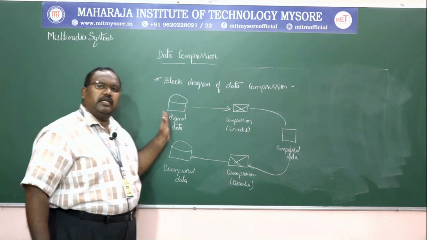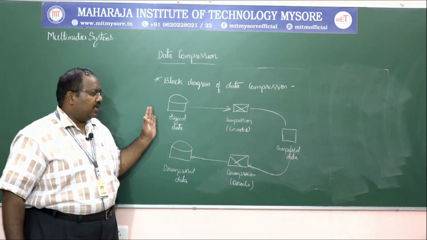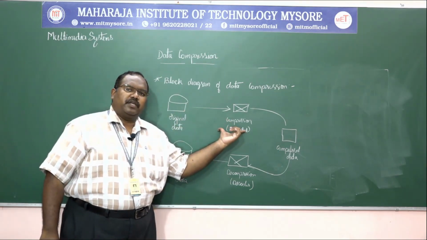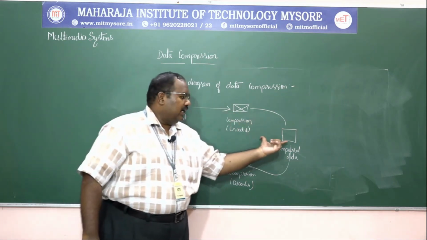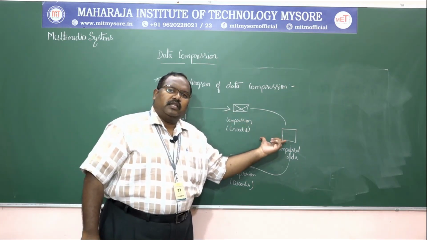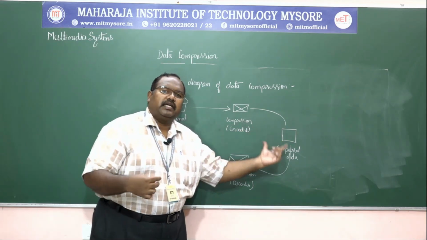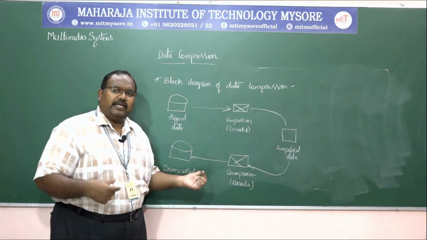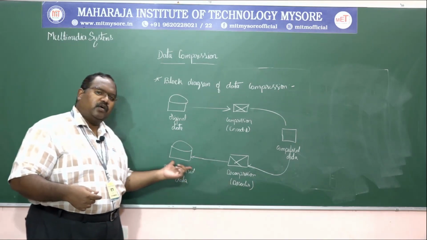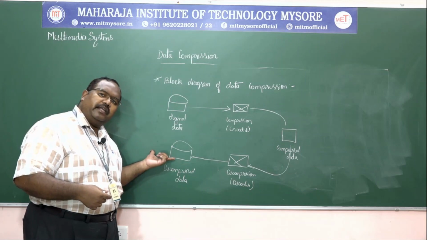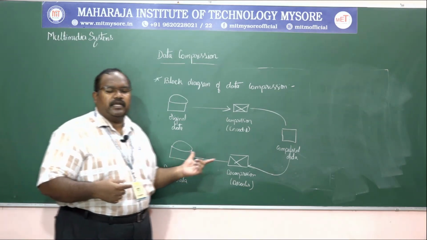So this is the block diagram for compression and decompression, where the process of compression is encoded into a compressed format, and here the data is called compressed data. If you want to regain the original data, then again we need to decompress it, and that process is called decoding or decompression through the decoder, and we gain back the original data. That is called decompressed data.